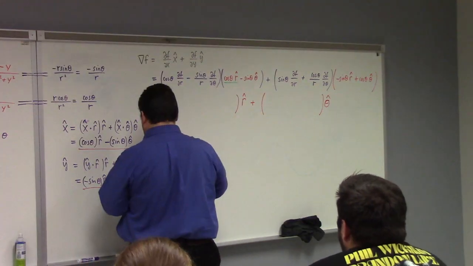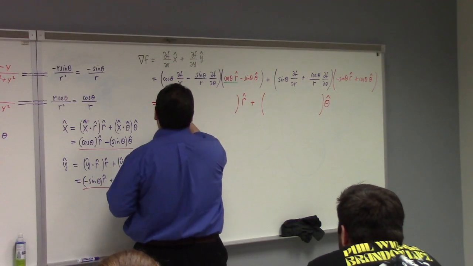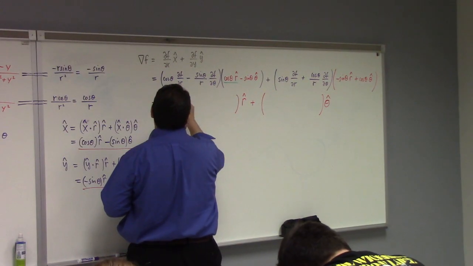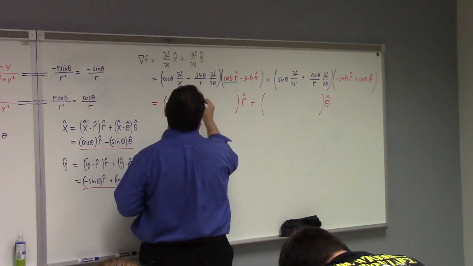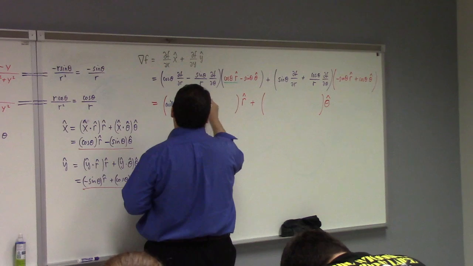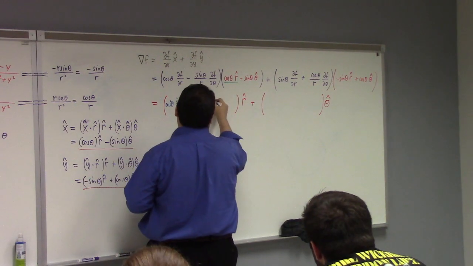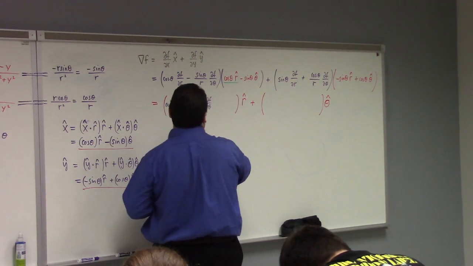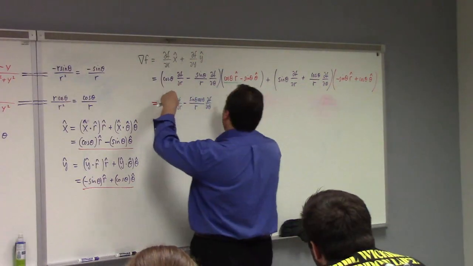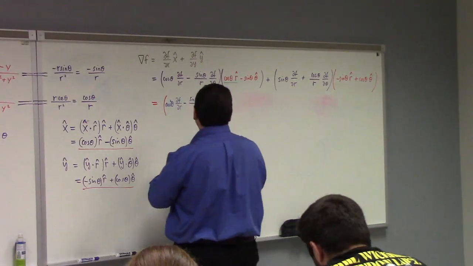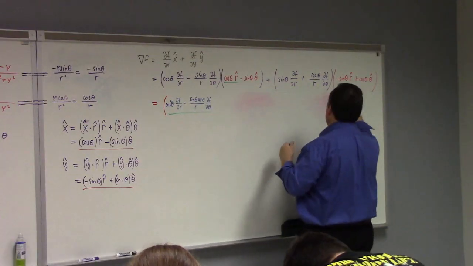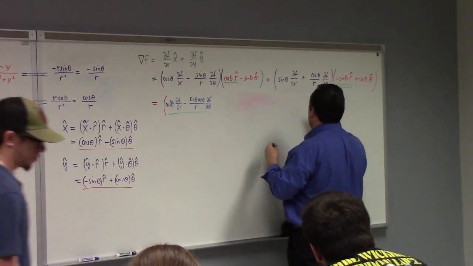That gives me cosine theta partial f partial r times cosine theta, so cosine squared theta partial f partial r, minus sine theta cosine theta divided by r partial f partial theta. I see I made my parentheses woefully too small. Sorry. So that's just from this first term. Then next I'll do this guy times the second factor.